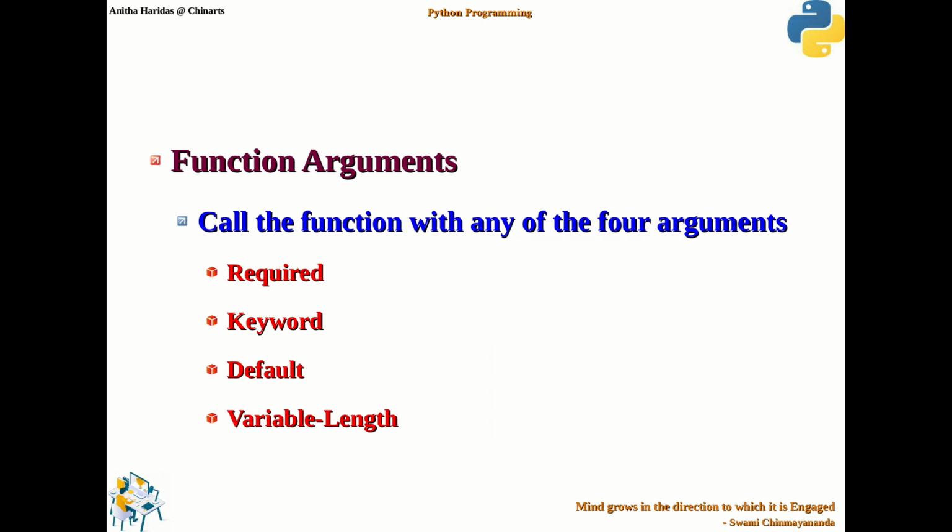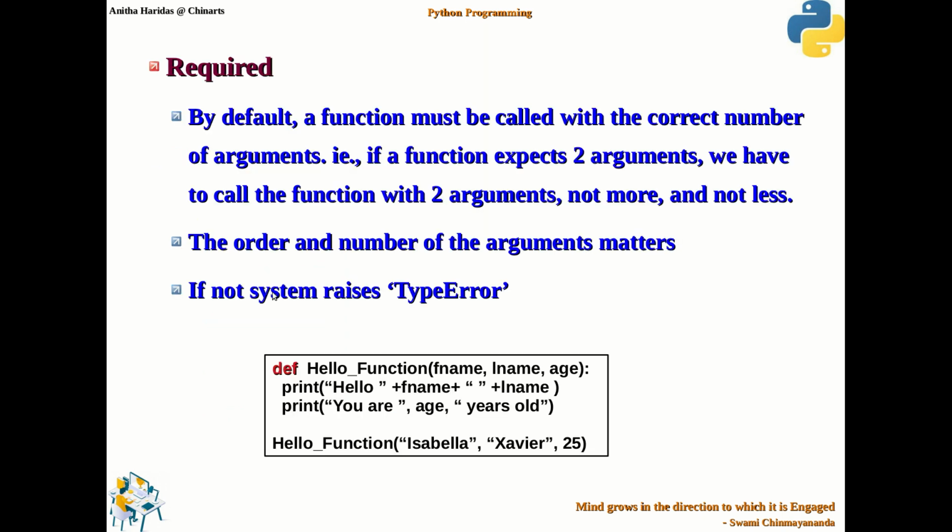We talked about the required arguments, which we are very familiar with from our C, C++, Java programs, where there should be one-to-one correspondence between the formal arguments and the actual arguments. If the number of arguments and the order of arguments are not matching, obviously we will get a type error.